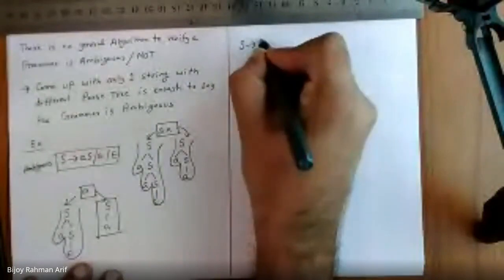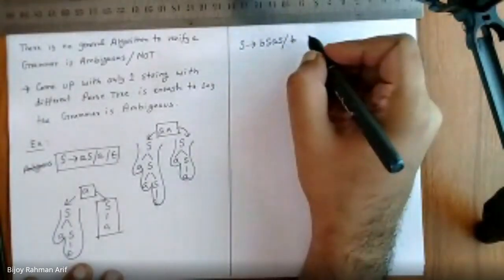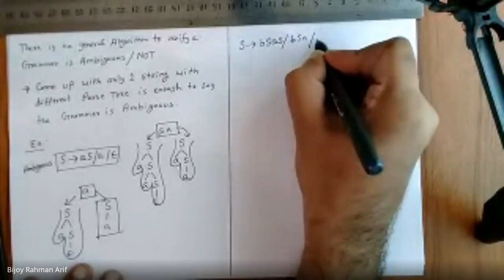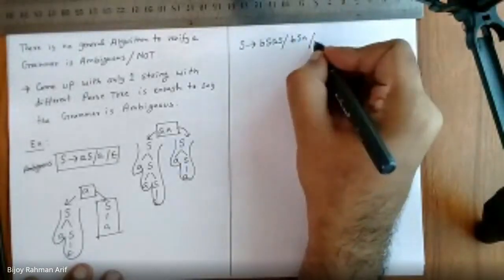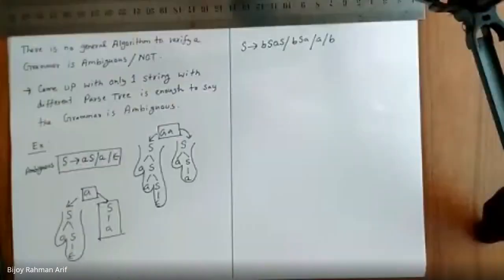S derives BS, AS, B, SA, or A. Is this grammar ambiguous?